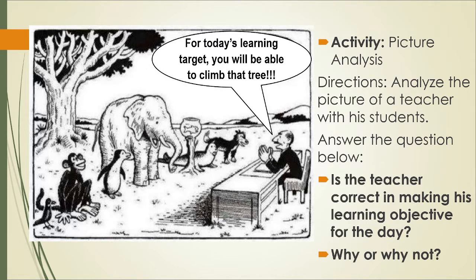No, they won't, because the prerequisite knowledge is not there. Didn't I tell you in constructivism that prerequisite knowledge or prior knowledge is very, very important? That's why the objective of the teacher here is not attainable at all.